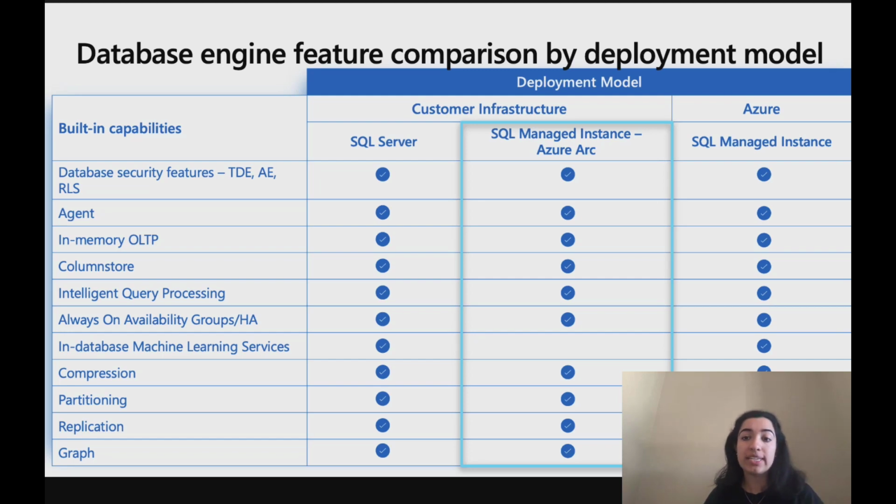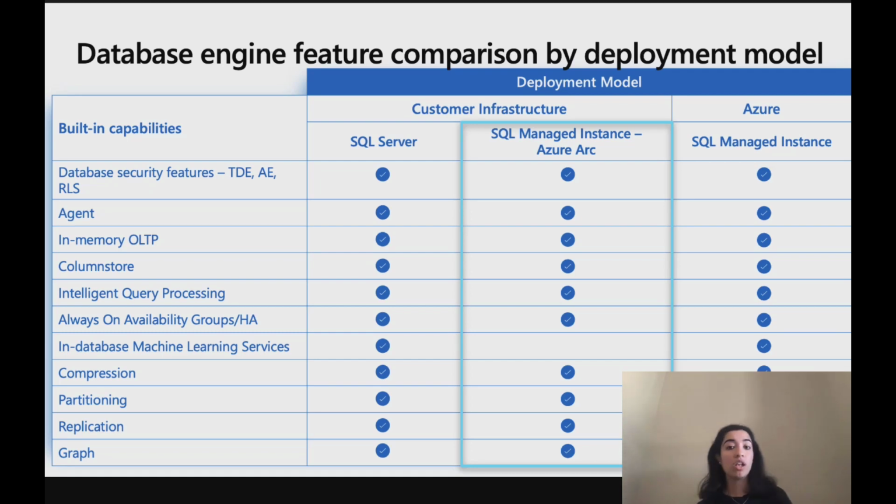In the middle three columns are your comparison metrics. The very first one is SQL Server on premises, which is something that you may actually have today. On the rightmost column you see Azure SQL Managed Instance, which is what you may have in Azure SQL MI today.